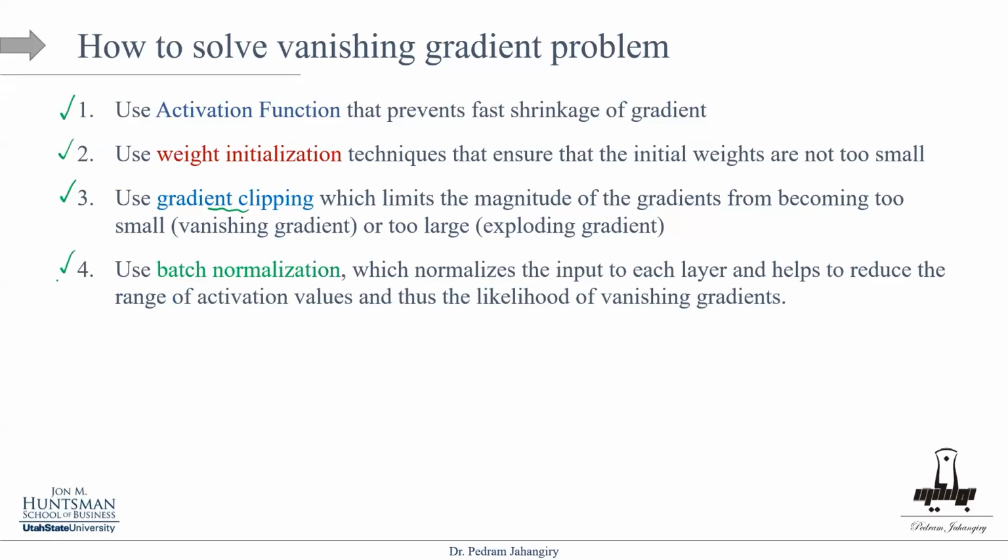Again, this one we already talked about, batch normalization. So this is really useful. Everybody's familiar with the concept of normalization, right? So you know what normalization is and what it does. If I have a random variable x, then the normalized version of that is going to be xi minus x bar divided by the standard deviation, right?